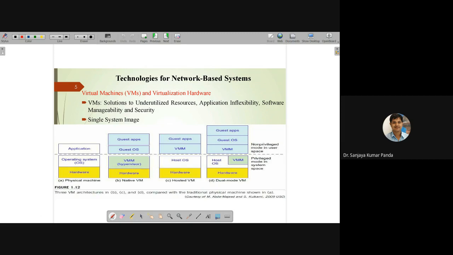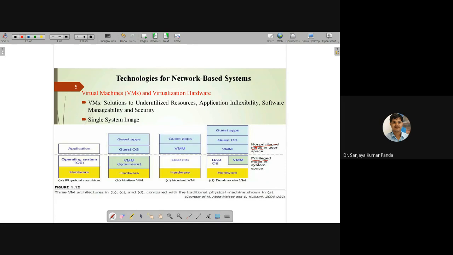So there are two modes we considered here. One is called privileged mode, another is called non-privileged mode. The entire space is divided into user space and kernel space, or system space. The user has no right to enter the kernel space. Something can be modified only by the super user, and privileged mode means you can make modifications.